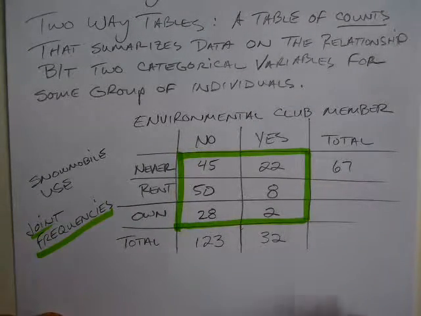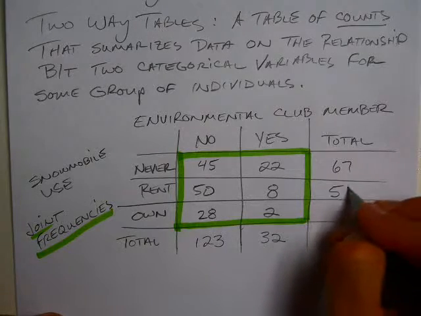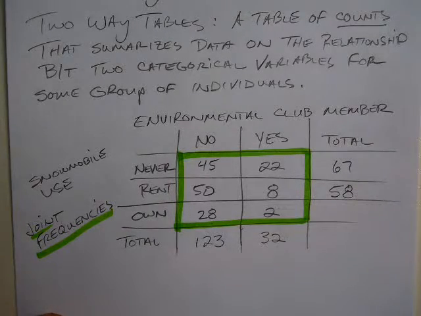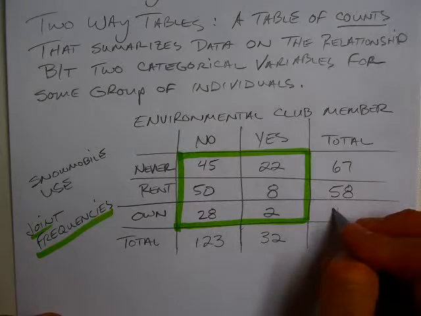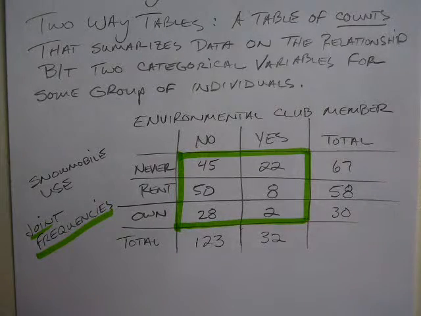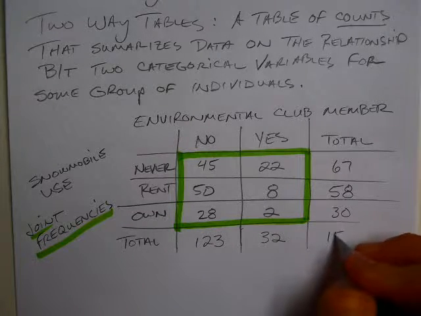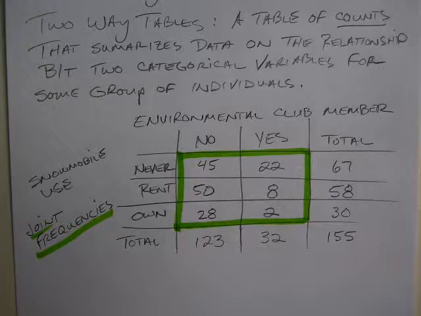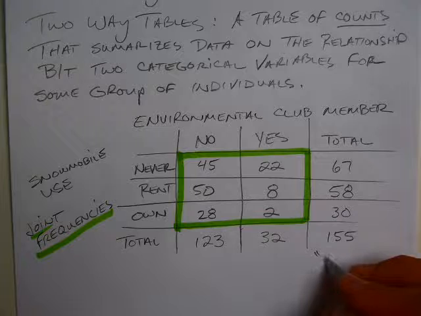Correct me if I'm wrong, please. I'm not double checking with the calculator, I'm just using my head here. And as you'll find, my head is not necessarily reliable. So it looks to me like we've got 155 total. I'm going to call this the grand total. This is sort of my term.